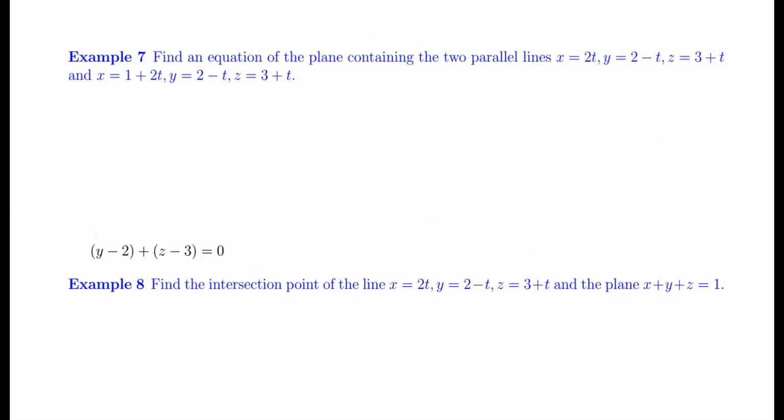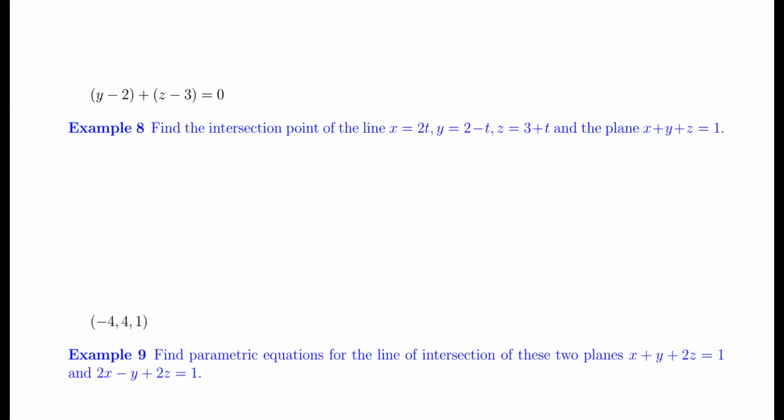Let's find an intersection point of the line x equals 2t, y equals 2 minus t, z equals 3 plus t, and the plane x plus y plus z is equal to 1. All right.